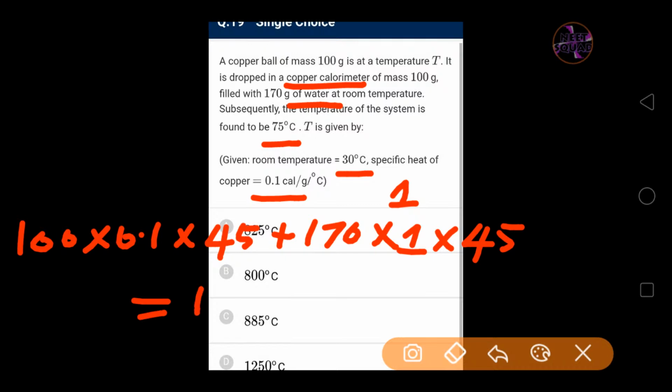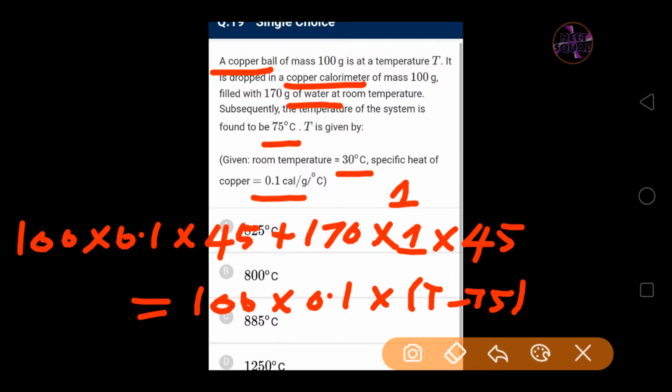So what is it? M C del T. Copper ball is a heat loser. What is the C of the copper ball? Same, 0.1. Del T, what is del T? T minus 75. Now if you substitute, this becomes 10 and 450. So 170 into 45.